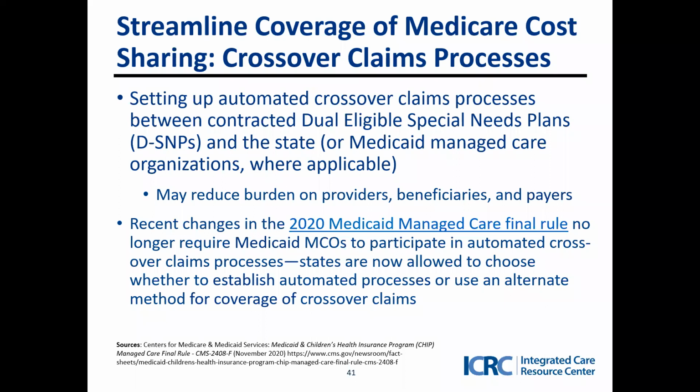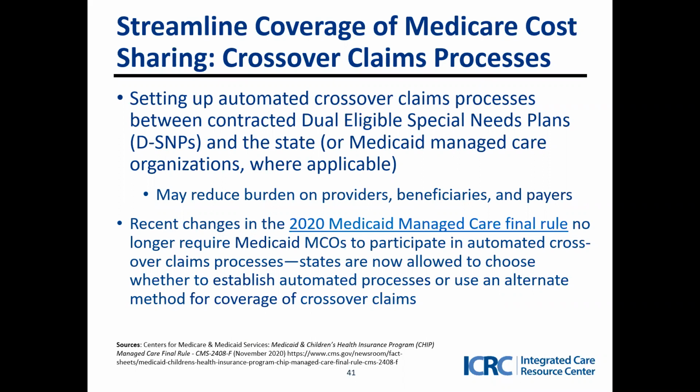Finally, an important call out to note is a recent change in the 2020 Medicaid managed care final rule, which no longer requires states to use automated crossover claims processes with their Medicaid managed care plans. States are now allowed to choose whether to establish automated processes or use an alternate method for coverage of crossover claims.